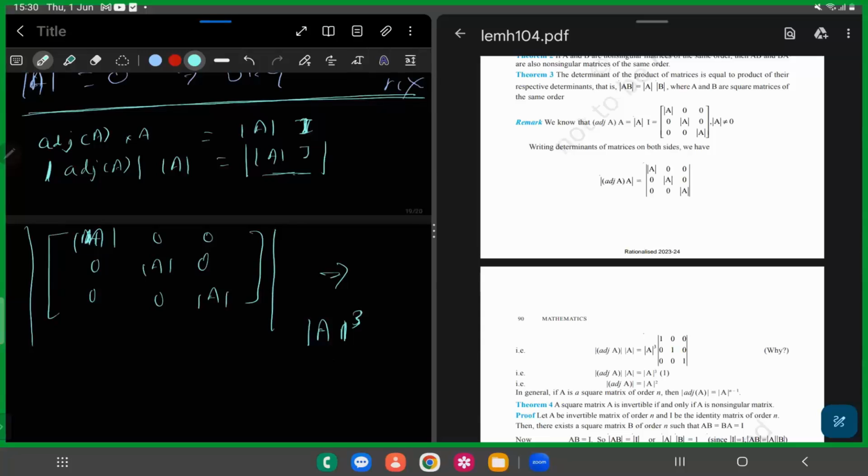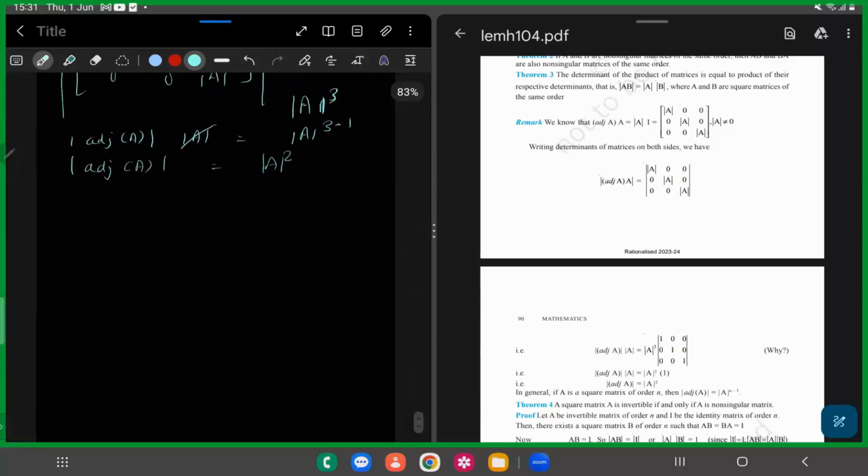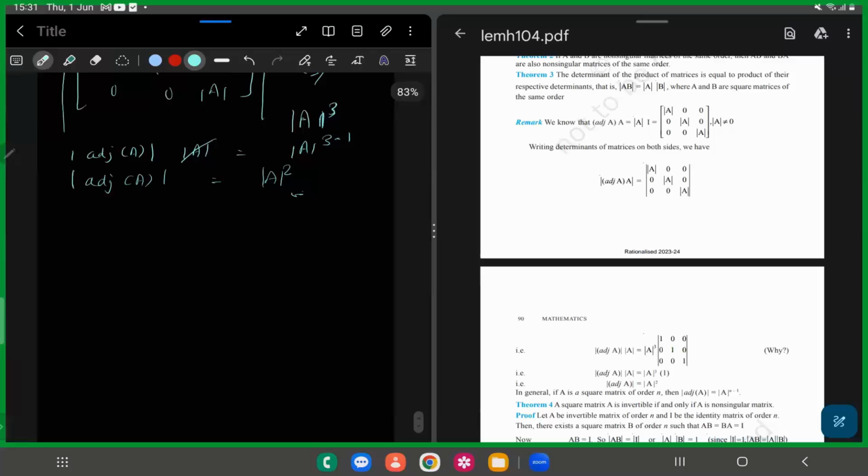So we see that determinant of adjoint of A into determinant of A equals determinant of A whole cubed. If we cancel one determinant of A, then determinant of adjoint of A is basically equal to determinant of A squared. The important thing to note is that this square is only for a 3 by 3 matrix.